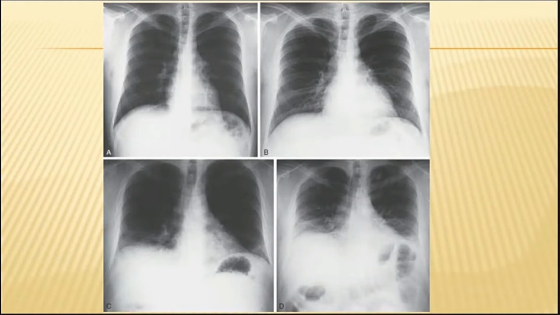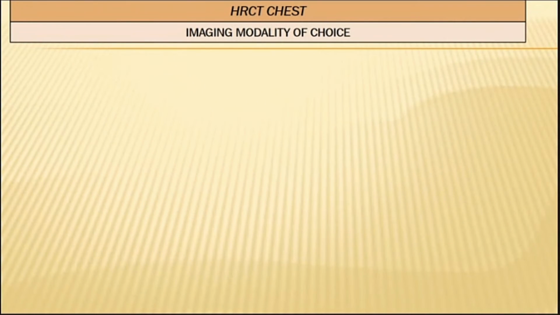So this is basically just to show you that the patient may be symptomatic, but the initial X-rays may be normal. So do not depend only on your X-ray to try and look at the diagnosis. So, HRCT of chest, again, is the imaging modality of choice nowadays.